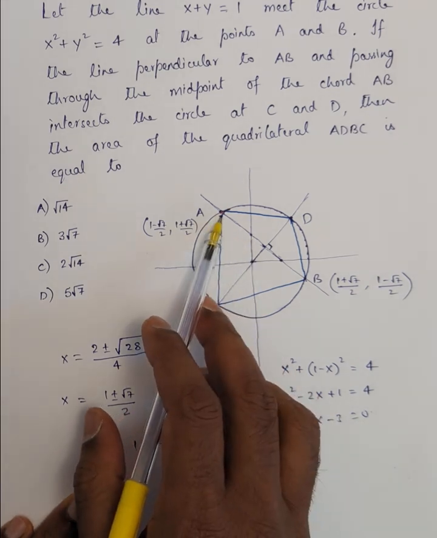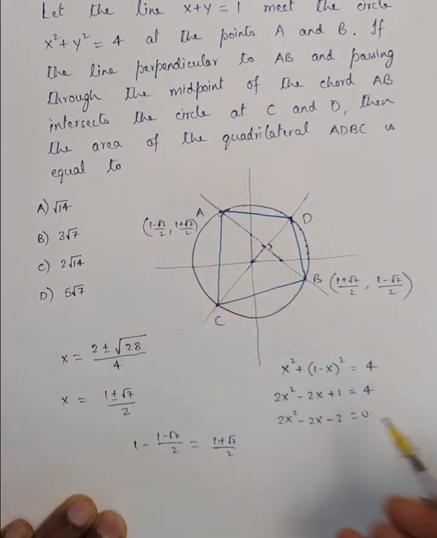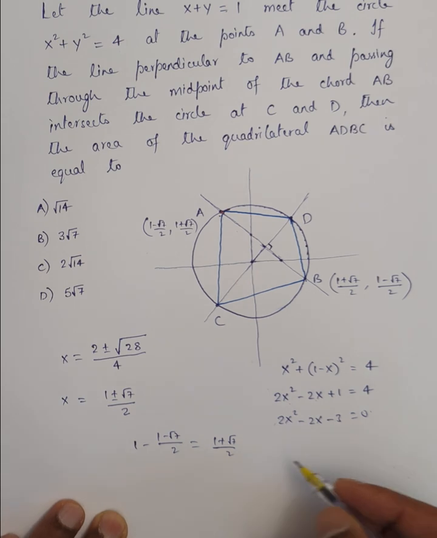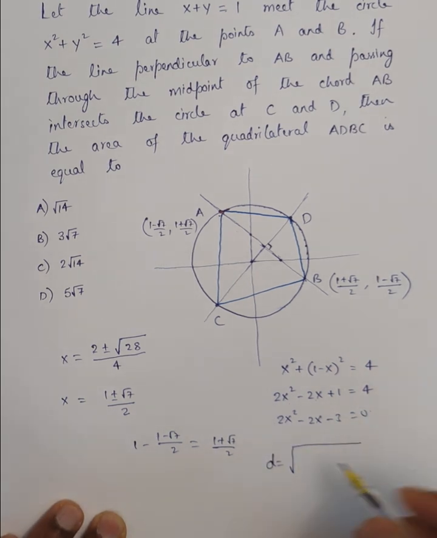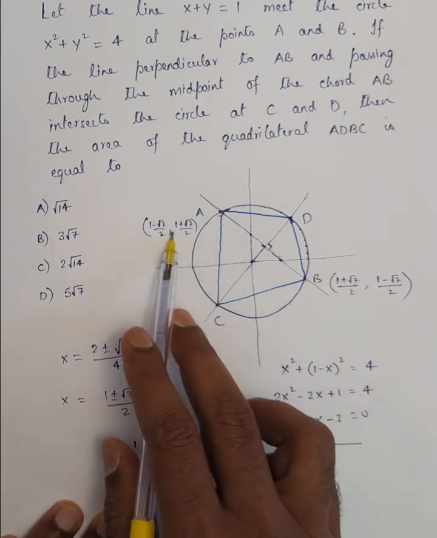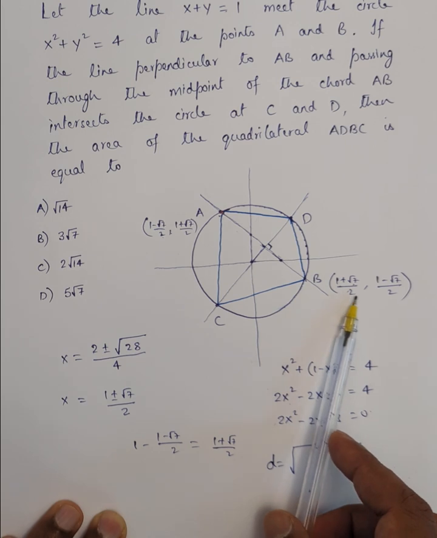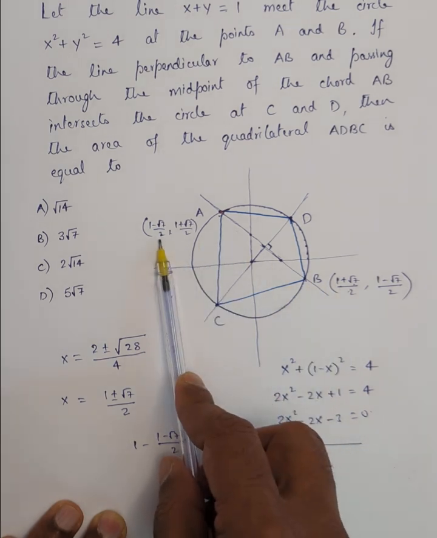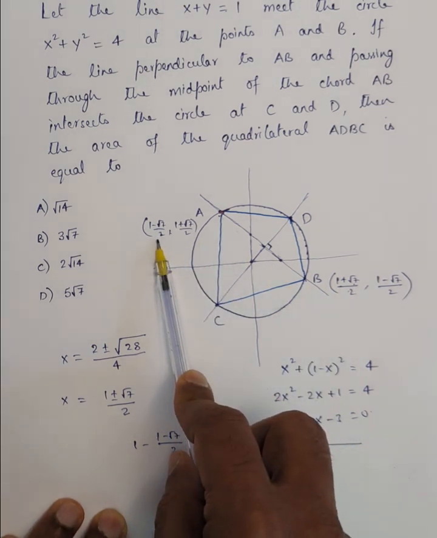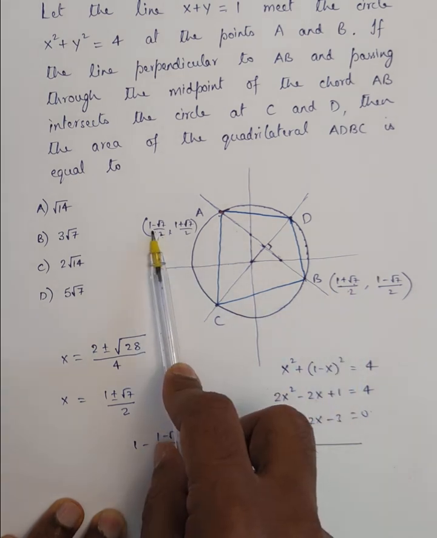So all I have to do is find the distance between these two points. So let's use the distance formula for that. So it's the square root of, now what's the difference between these two? When you subtract, you get √7/2 plus √7/2 because the halves cancel each other out.